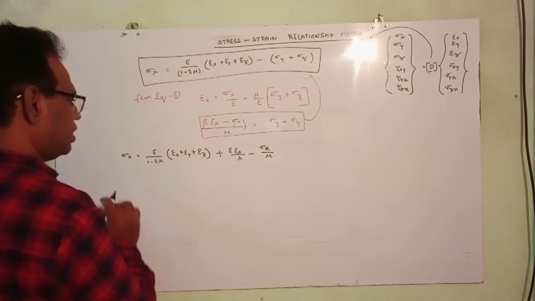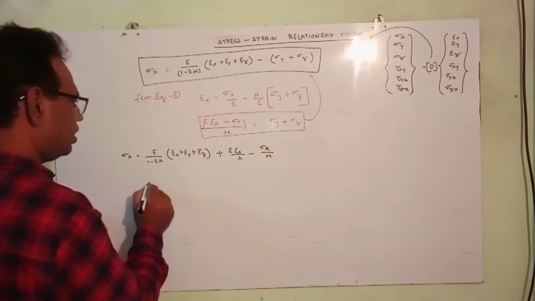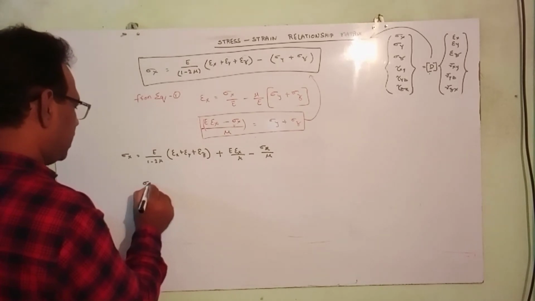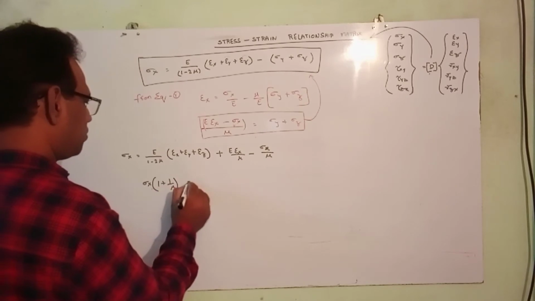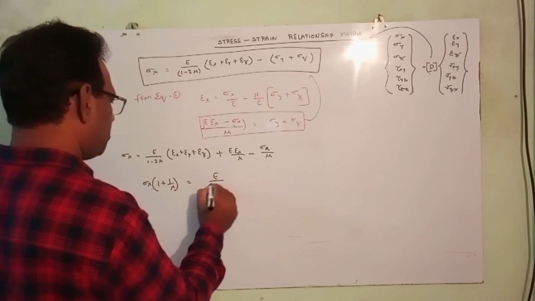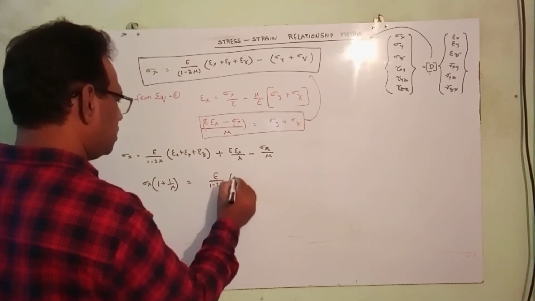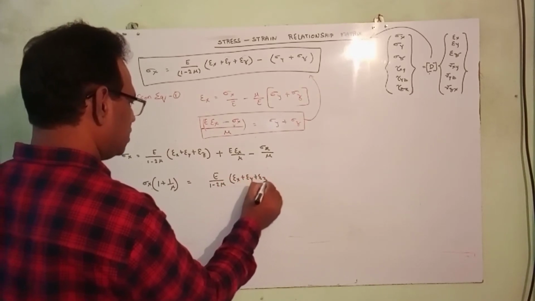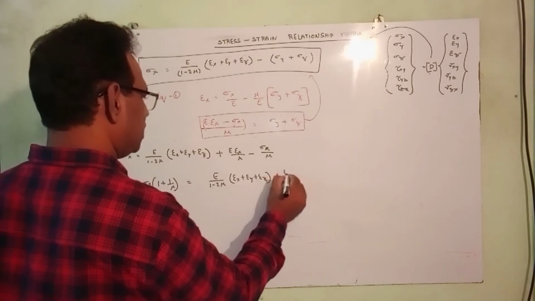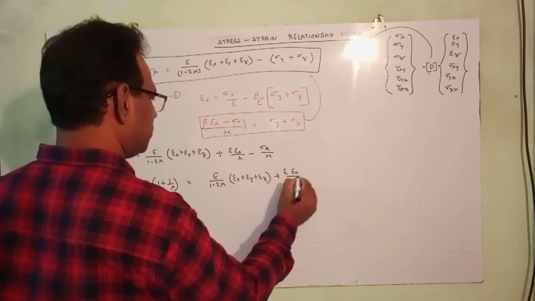Now taking this one to this side, that is sigma x into (1 plus 1 by mu) equals E by (1 minus 2 mu) into (sigma x plus sigma y plus sigma z) plus E into epsilon x by mu.